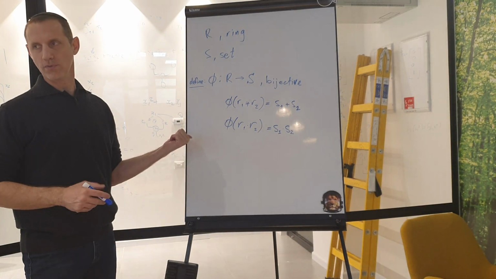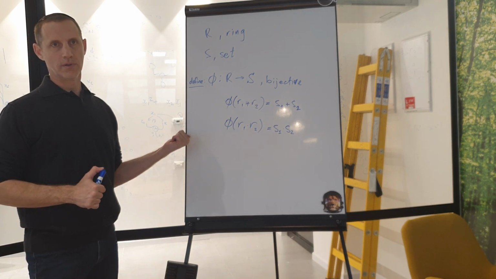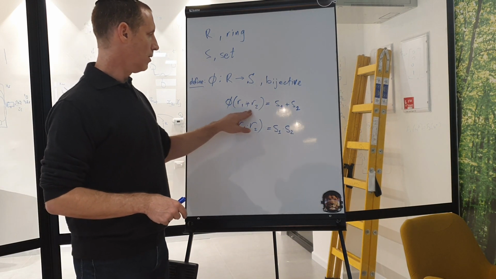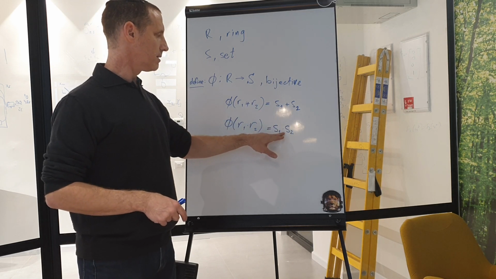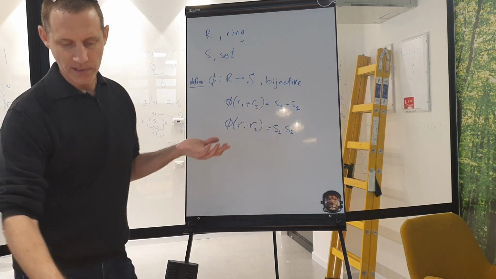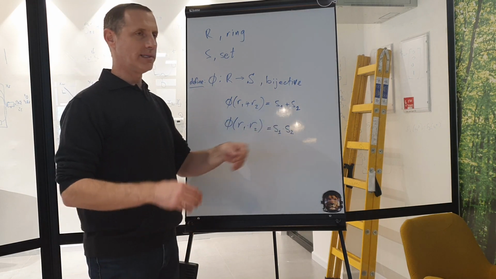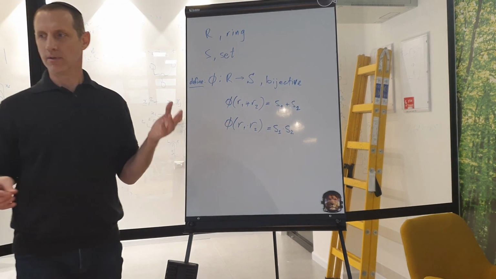Okay, and this could be useful. It would mean that this plus and this multiplication could be defined arbitrarily, right? They could be maybe just defined by a table, okay?